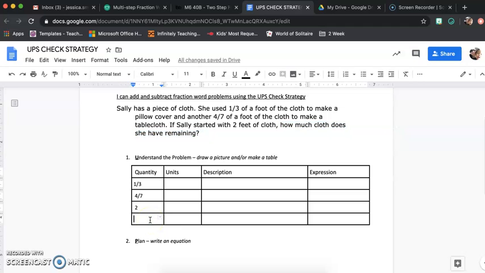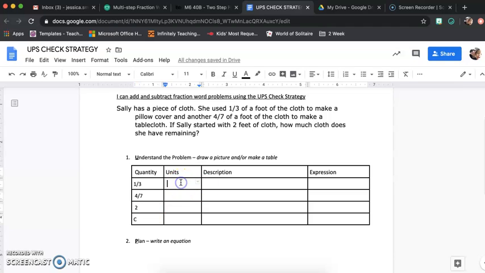So I'm going to put C as my variable to stand for cloth because that's just easy for me. You can do X, A, B, whatever. Just remember we don't want to use O because O looks like the number 0, and we don't want to use L unless it's capitalized because it looks like the number 1. So I'm just going to do C, and notice I did capitalize this.